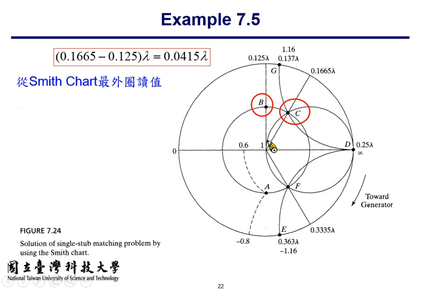So from the perspective of the transmission line, we are moving from the load, ZR, with a small distance of 0.0415 wavelengths. And at this point, YC equals this.